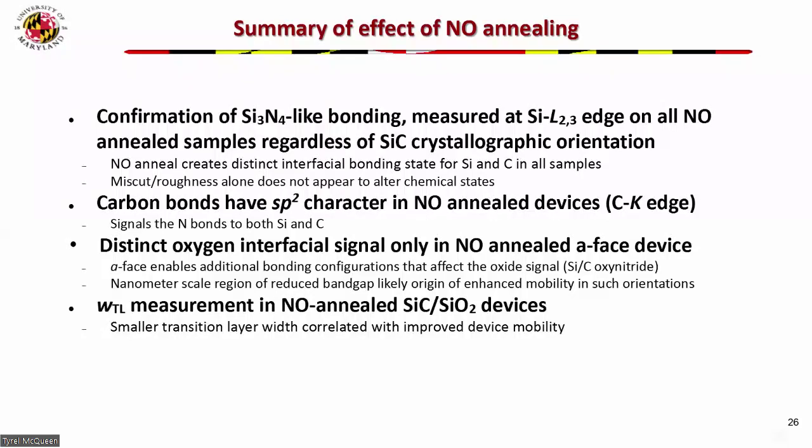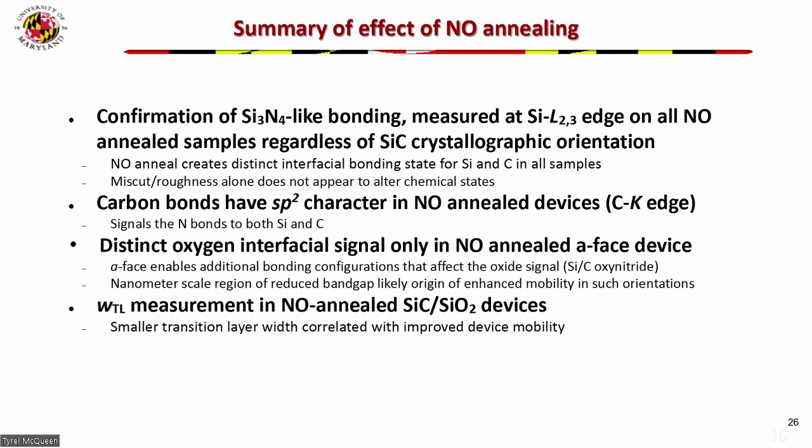So let me just summarize this part of the talk. We confirmed that there was some effect of the nitrogen, what we call silicon nitride-like bonding, from both the silicon L23 and the carbon K edge. The carbon bonds have sp2 character in the NO annealed devices.